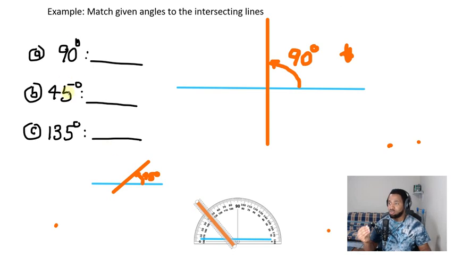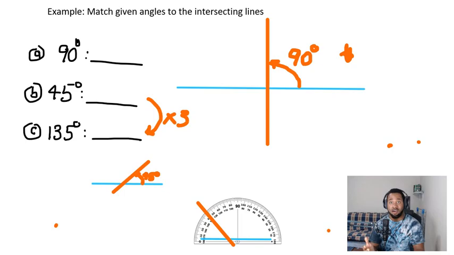And to go from 45 degrees to 135 degrees, I need to multiply this number by 3, which means I need to increase the space 3 times.